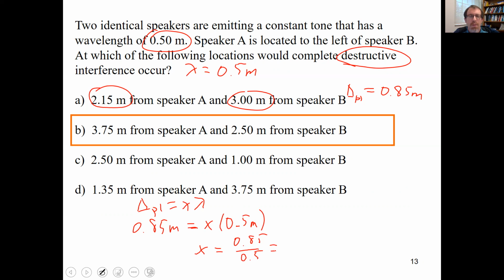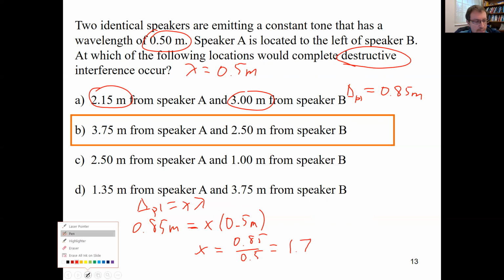Maybe I should have figured this out beforehand, but I think that's something like 1.7. It sure isn't 1.5, I know that much. So we don't have a condition for destructive interference here. If we wanted destructive interference, it would have to be 0.5 or 1.5, 2.5, so on and so forth. So yeah, choice A doesn't work.